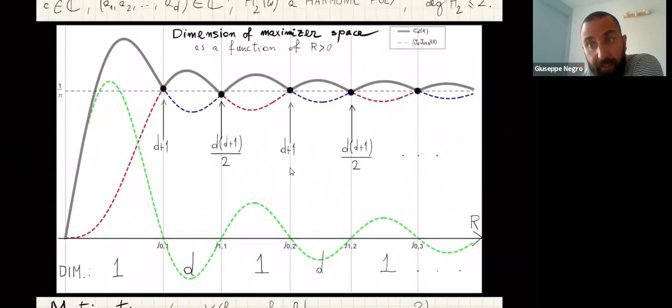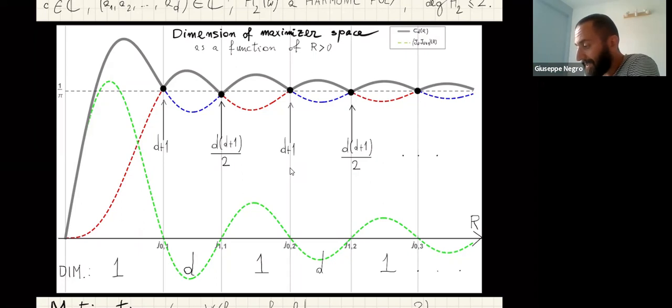This is the same picture as before, but I will note down only the dimension of the space of maximizers. You may have noticed that the maximizers are always a vector space. So at any r, you have a vector space of maximizers.